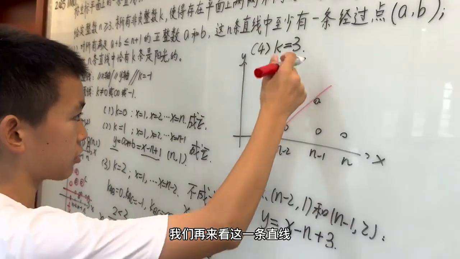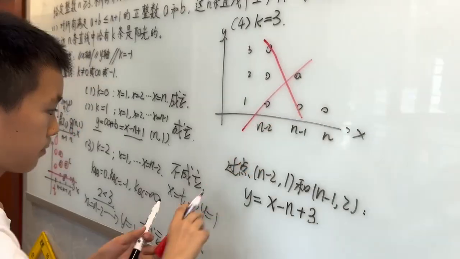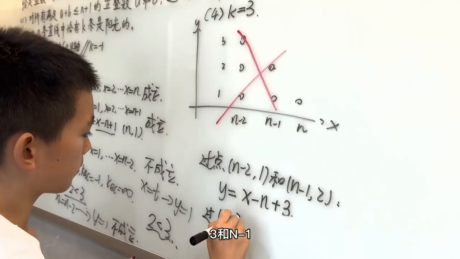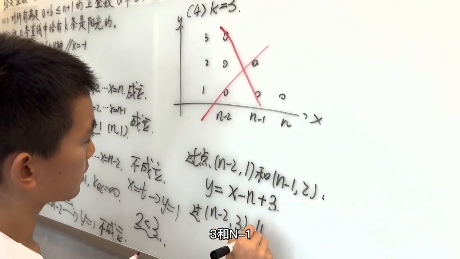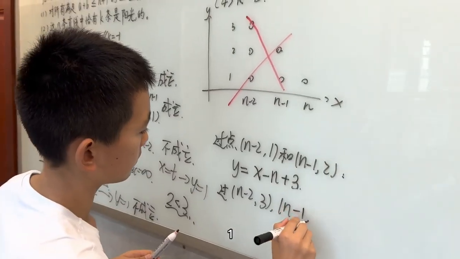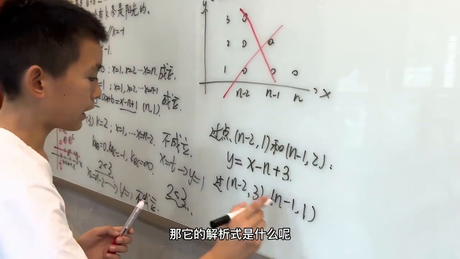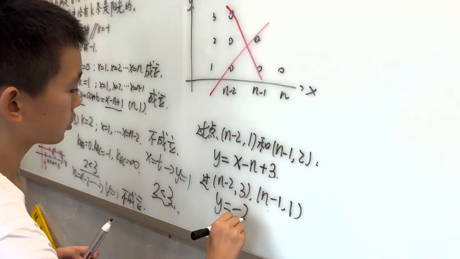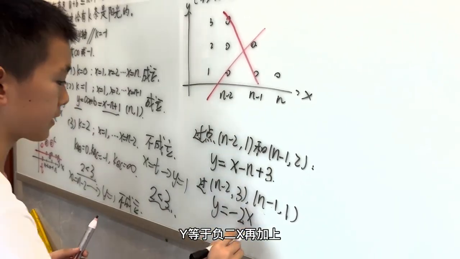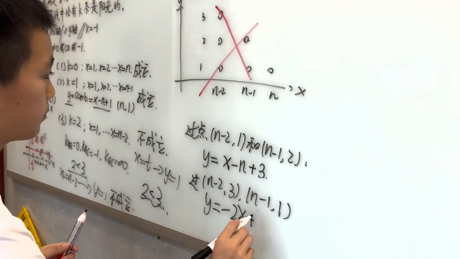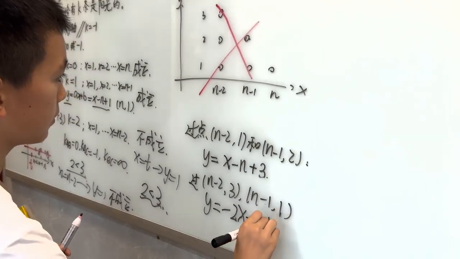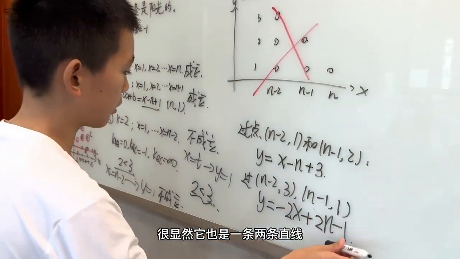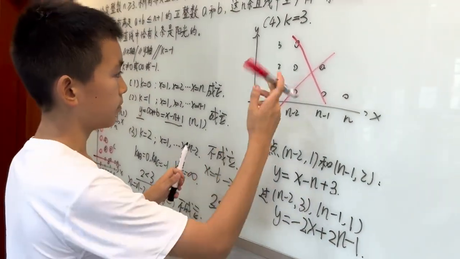Let's look at this one again. Point n-2 or 3 and n-1 and 1. What is its equation? We can find out by simple calculations. It is y equals minus 2x plus 2n minus 1 after solving. Obviously, it is also a sunshine straight line. Let's take a look at this one.